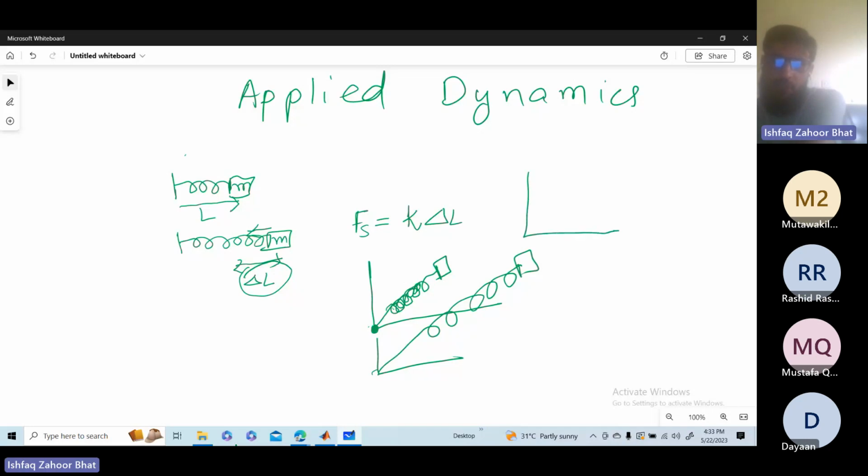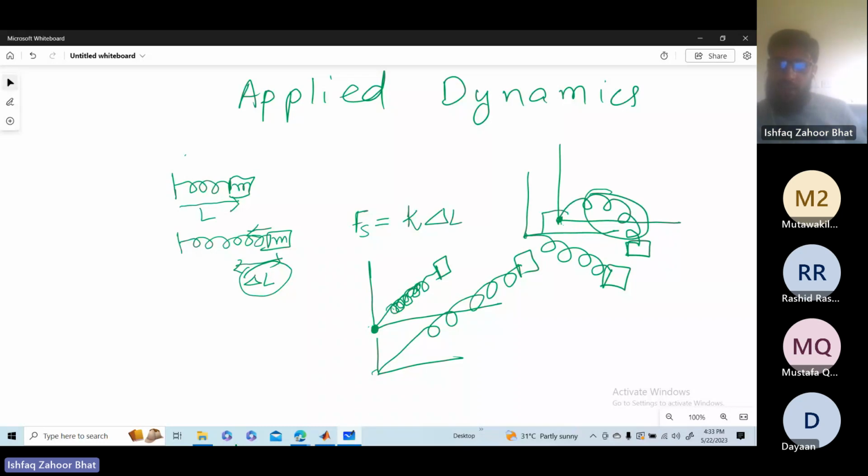This spring can fall down and it will be like this. But this spring can never be in this state. Like if I have this, it will never take the shape of this thing. I have made an assumption that there is no such torque being generated here.